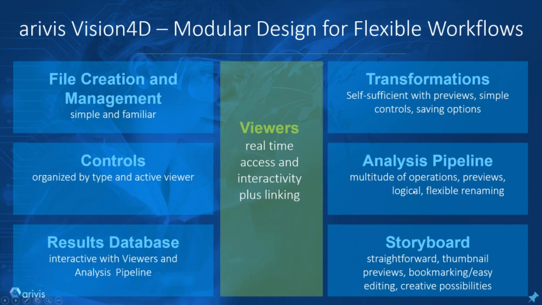We saw this. So these are all of our analysis tools. This is a whole multitude of operations, filters, morphology, previews. It's completely logical. You saw how I renamed some of the operators for small chromatin or large chromatin. And then finally, we have a storyboarding tool, which enables us to create the movies. But the thing about this modular design is that we can really customize and move easily.